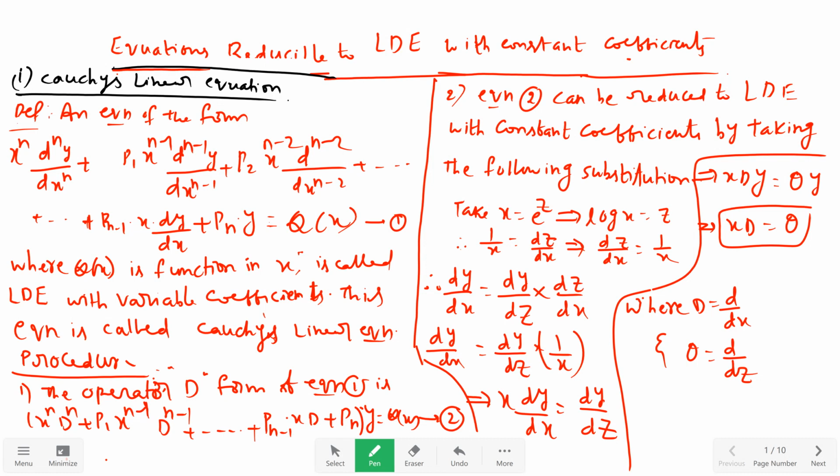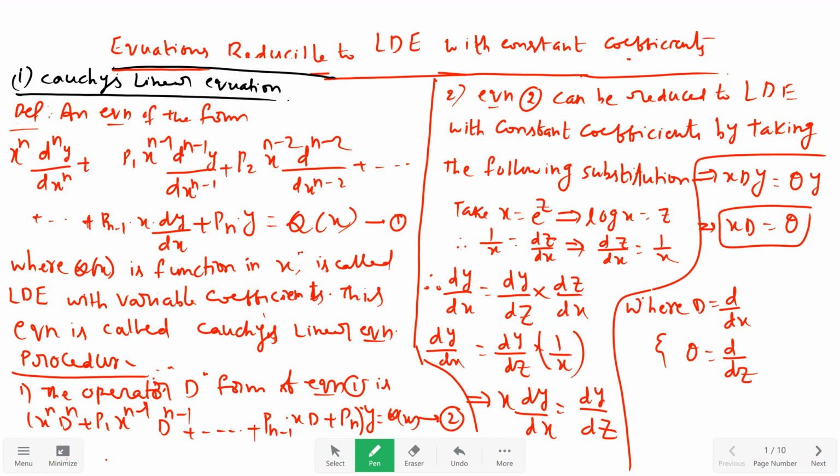In the previous topic, we discussed the solution of second and higher order linear differential equations with constant coefficients. Now, in this session, we discuss the differential equations reducible to linear differential equations with constant coefficients.